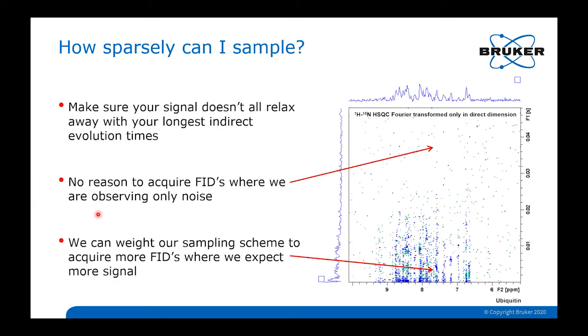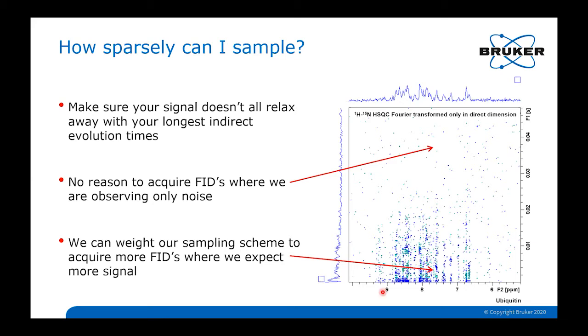Now going back to the idea of relaxation. I started off a little while ago showing that for a small molecule, the carbon signal is going to extend out often for a second or more. So we usually don't have the issue in the indirect dimension of a carbon HSQC for a small molecule of the signal decaying to 0. In this case, on the right, we're showing part of a proton-nitrogen HSQC of a protein sample.